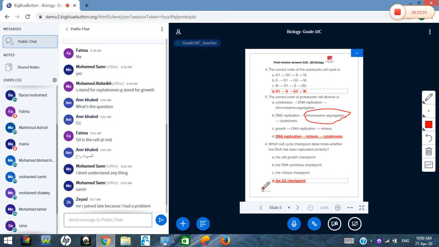So you can't know that the duplication is made correctly in the stages or phases that come before the S phase. It must come after the S phase. So the phase that comes after S phase is G2. So the right answer will be D.